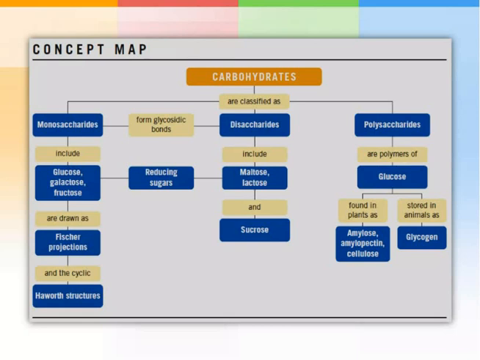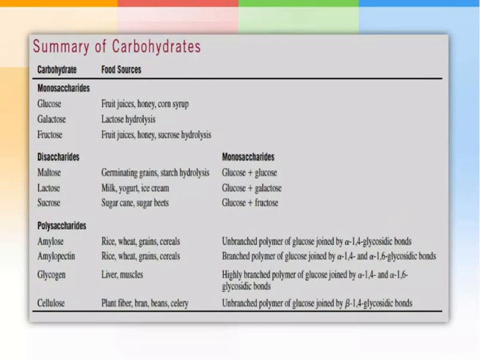And then you can see they include maltose, lactose, sucrose, reducing sugar. So my friends, monosaccharide examples you have already seen. Disaccharide: maltose, lactose and sucrose. This is also important. Maltose contains glucose, lactose contains glucose, galactose and sucrose contains glucose, fructose.